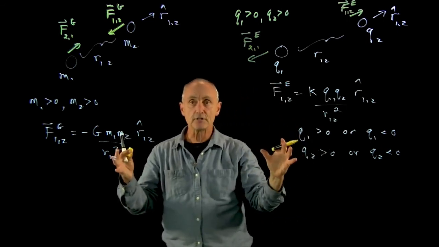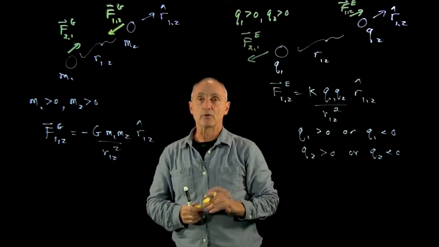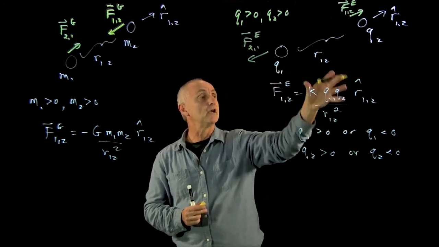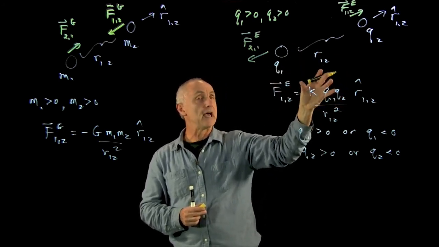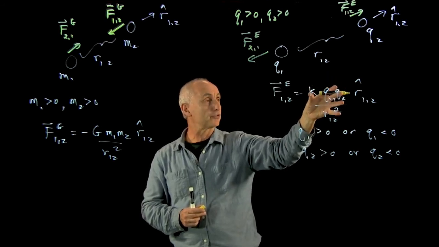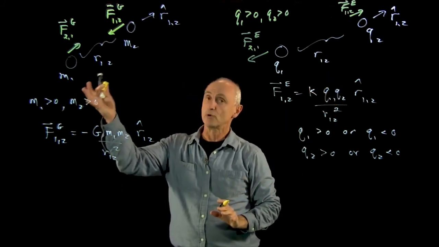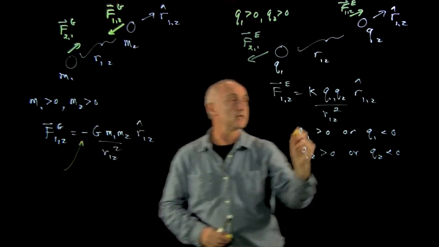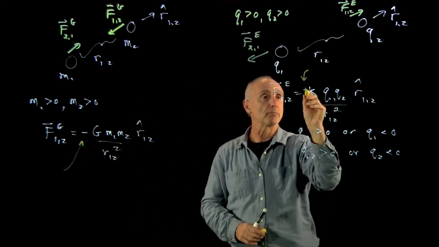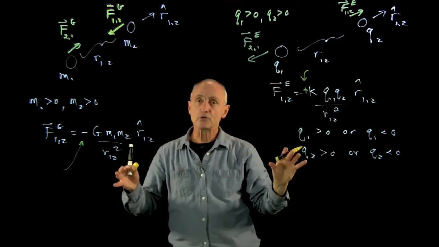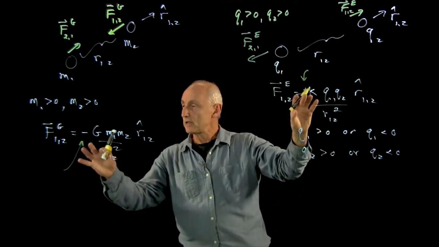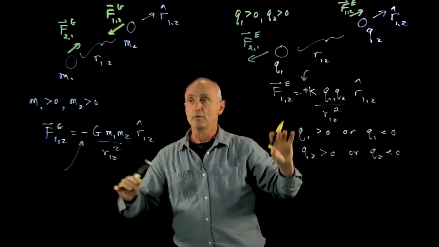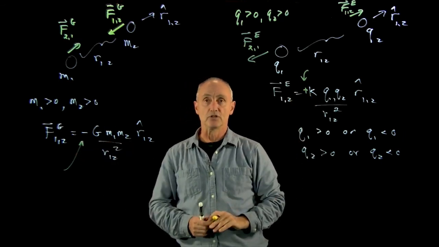And so this is a fundamental difference between gravitation and the electrostatic interaction: here the force can be both attractive and repulsive, whereas the gravitational force is always attractive. And this extra minus sign that doesn't appear here, if we just put a plus, many of the similar terms that we describe in terms of potential energy will differ in signs just precisely for this reason.